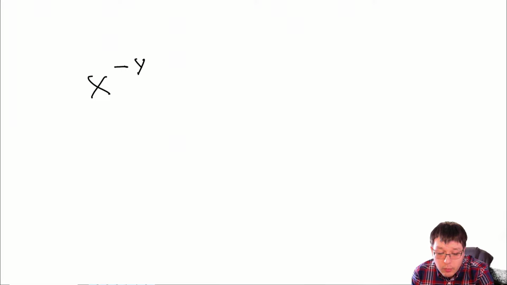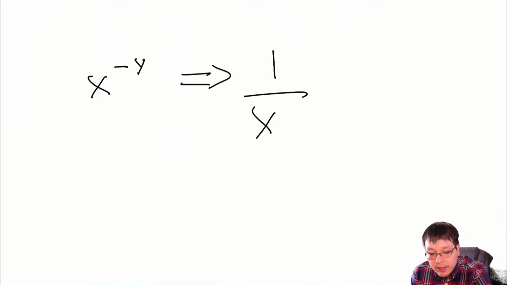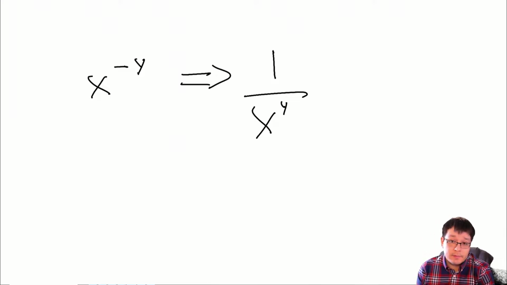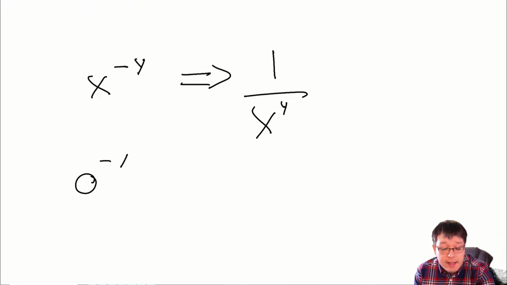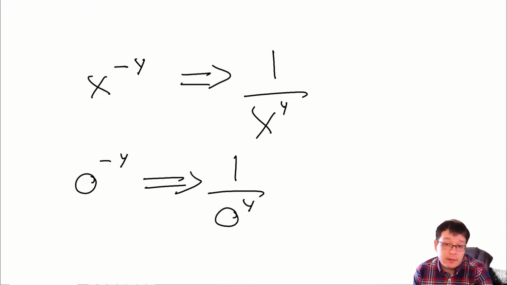This is a very basic math thing you probably learned and forgot. If you have x to the negative y, this can be rewritten as 1 over x to the positive y. So if x happens to be 0, then 0 to any negative value becomes 1 over 0 to the positive value of that.